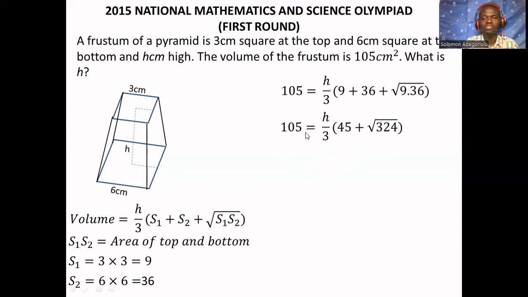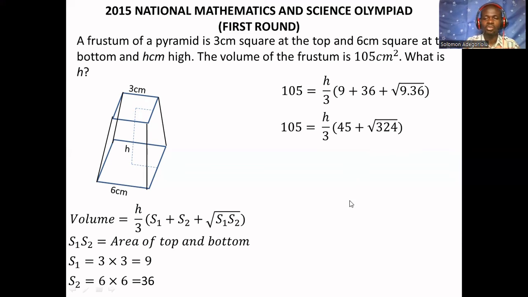So we have 105 is equal to h over 3. 9 plus 36, like I've said, is equal to 45, and the square root of 9 times 36 will give us the square root of 324. If we take the square root of 324, what is that going to give us?